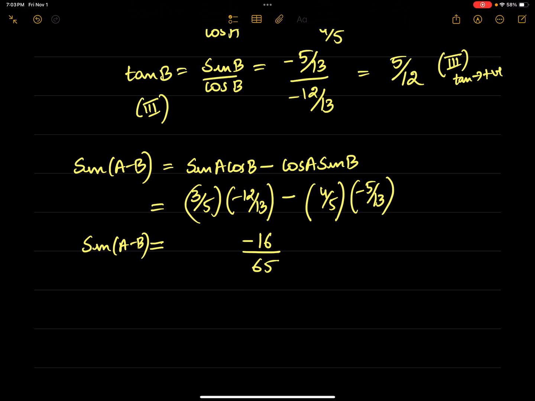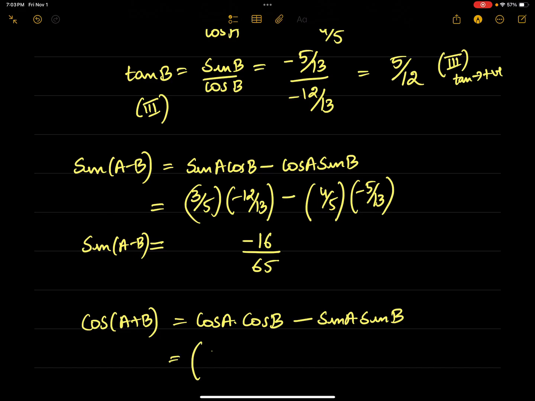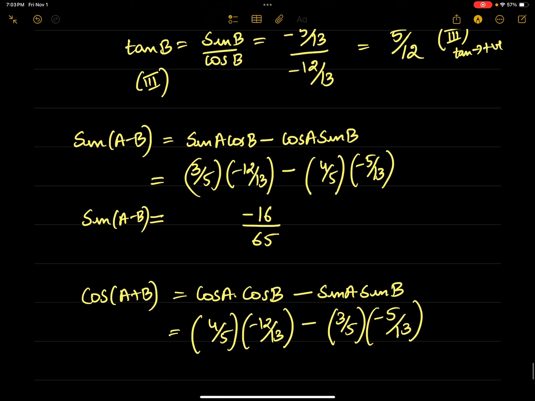Next thing we have to calculate here is cos of A plus B, which is cos A cos B minus sin A sin B. Let's apply the values. 4 by 5 multiplied by minus 12 by 13 minus 3 by 5 multiplied by minus 5 by 13.